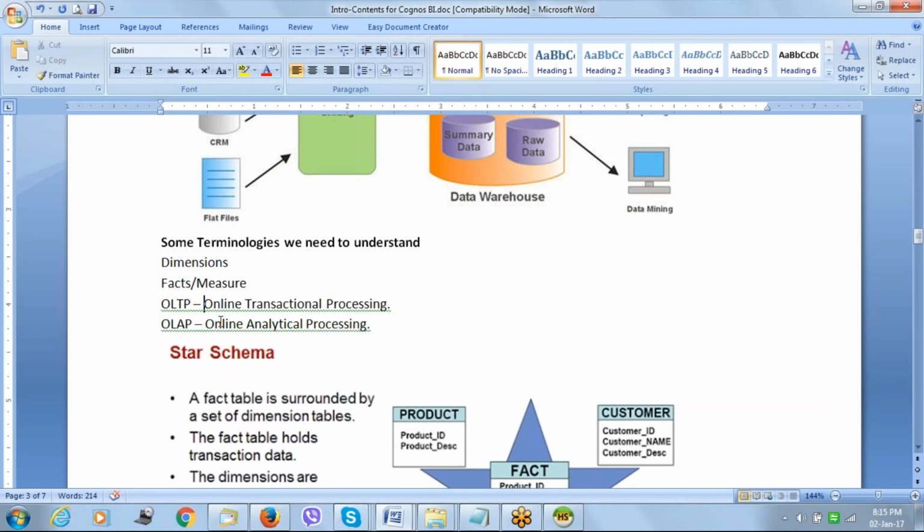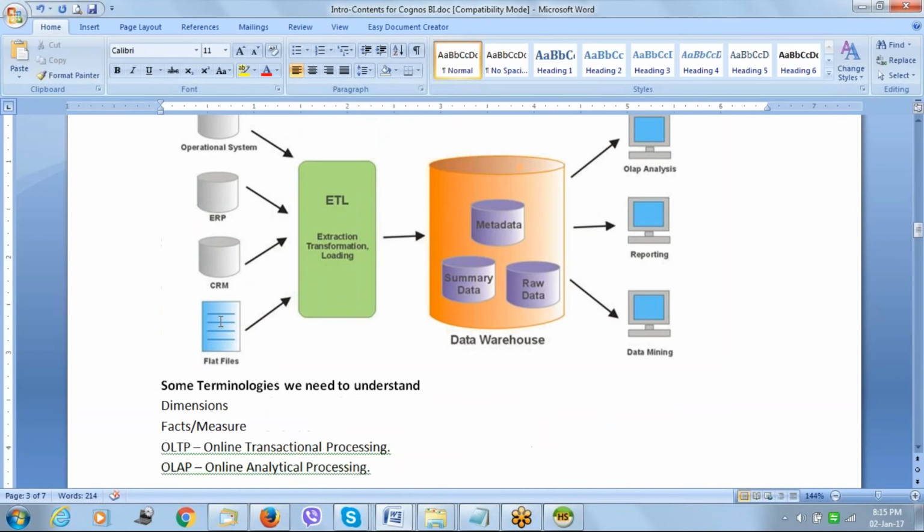Current data will be saved in and retrieved from the database. Small data will be retrieved and small data will be saved. This is the online transaction process associated with the CRM and ERP database.